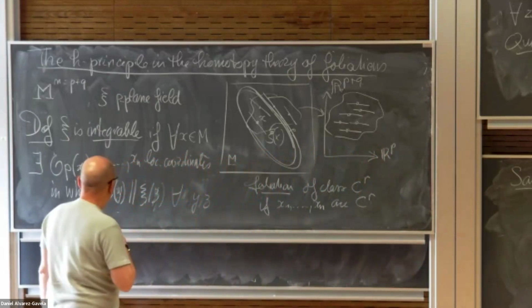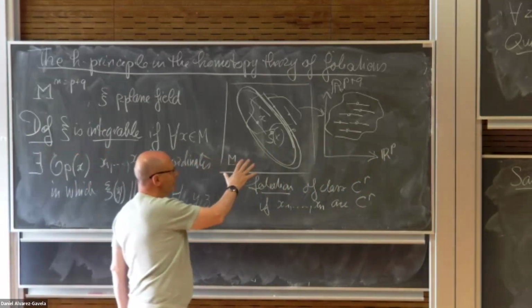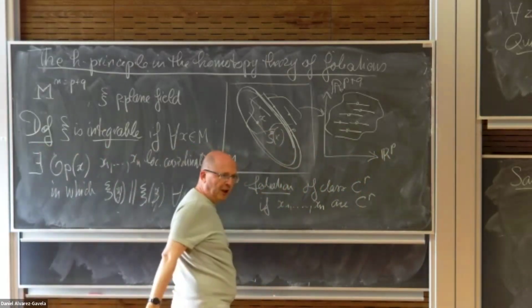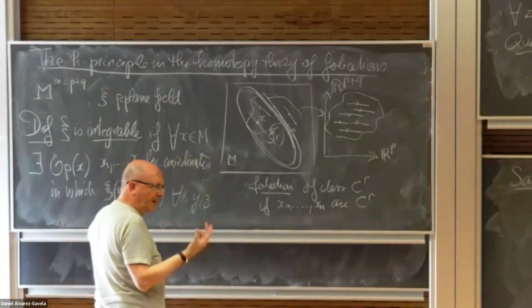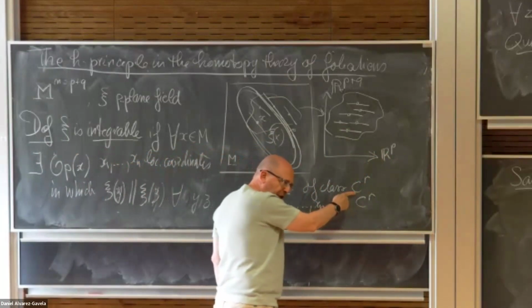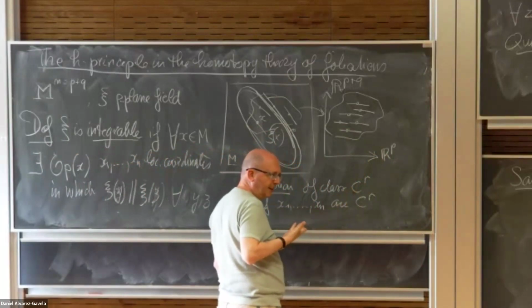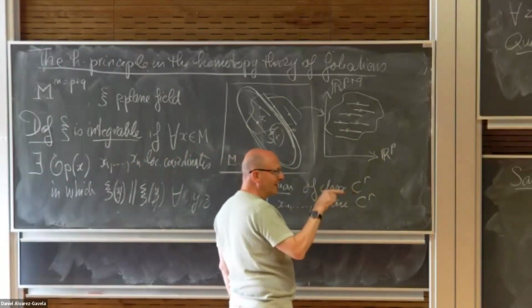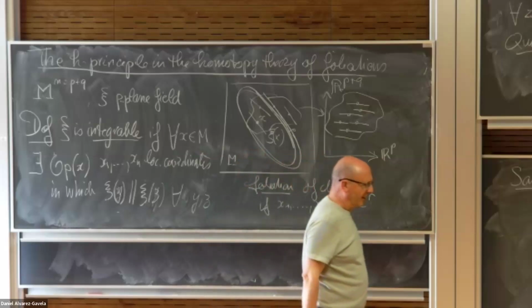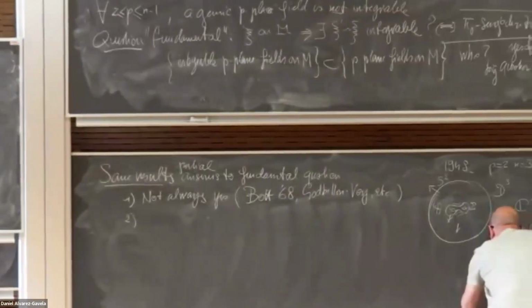Another way to say this is that a foliation is locally given by local submersions to R^Q, and the class C^r means that the local submersions are of class C^r. Then the plane field itself is of class C^(r-1), but it's not quite equivalent. There is a little something. So the question is whether a plane field can be made tangent to a foliation of class C2.